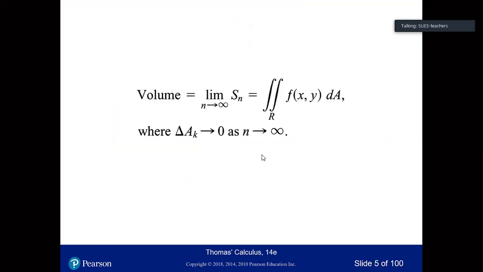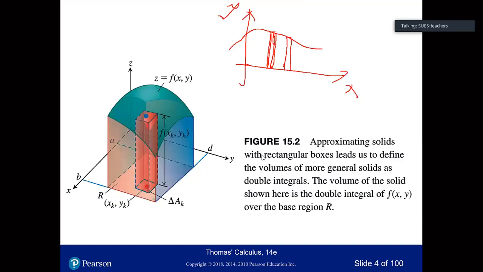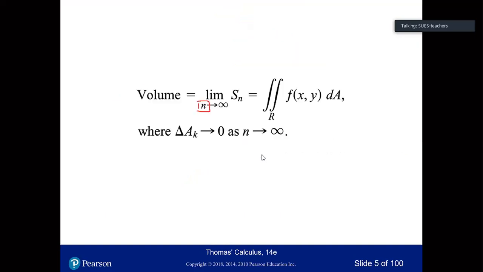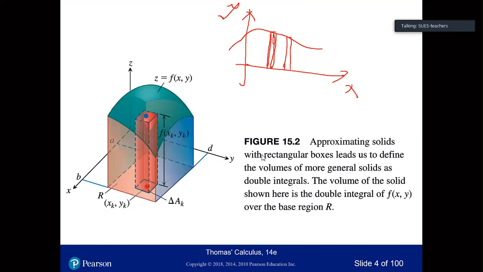Then we can write the volume when n goes to the limit, where n is the number of these small rectangular boxes.